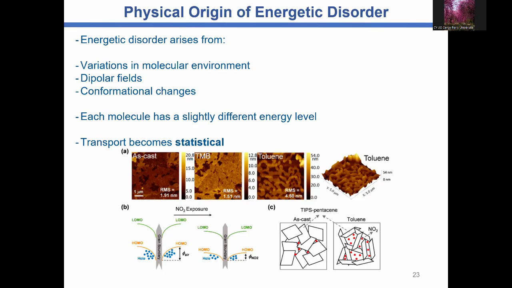And AFM can also, through the tip and sample, apply an electrical field. So it's called Kelvin probe microscopy, where you can see this difference between the energy of the tip and the surface, and you can relate that, for instance.